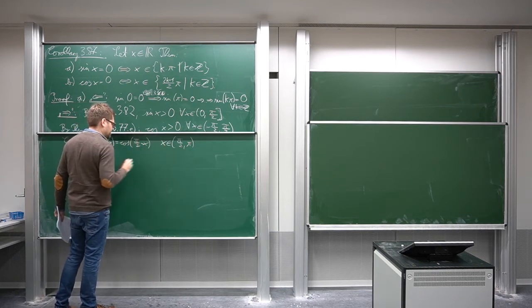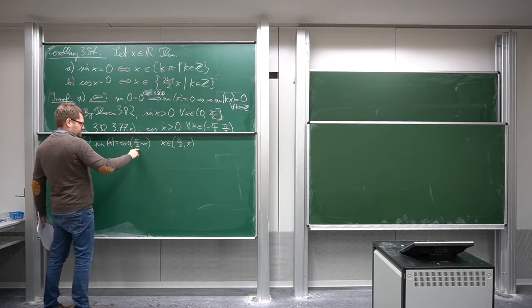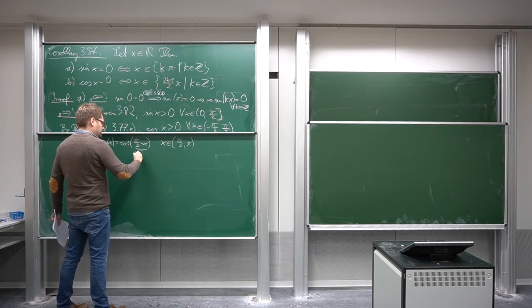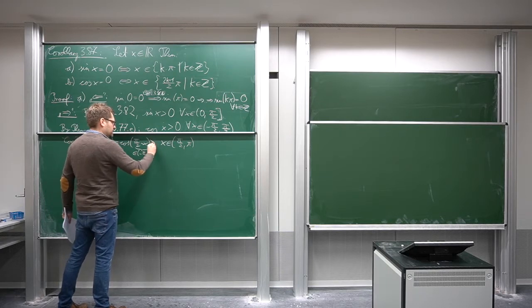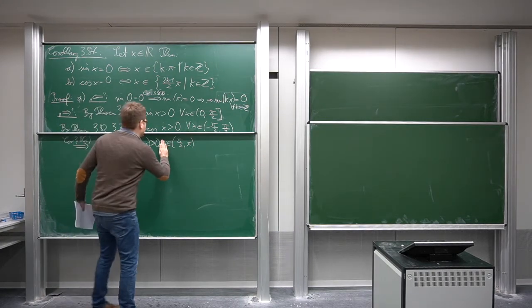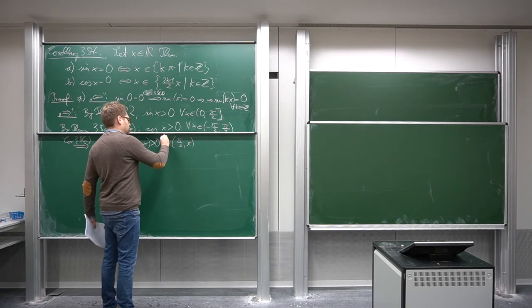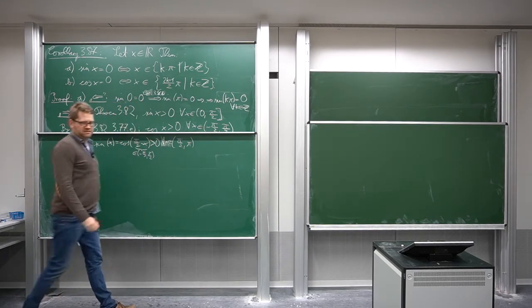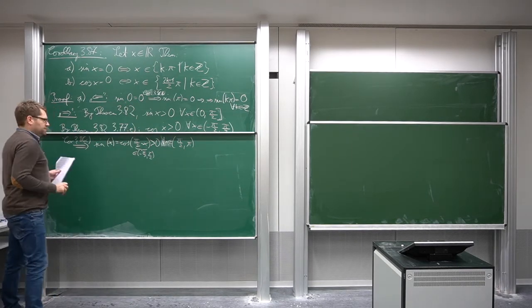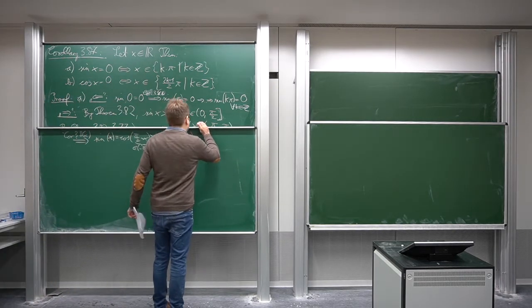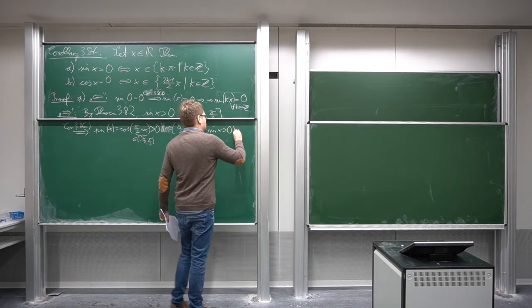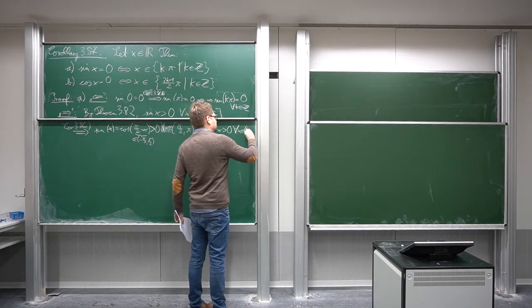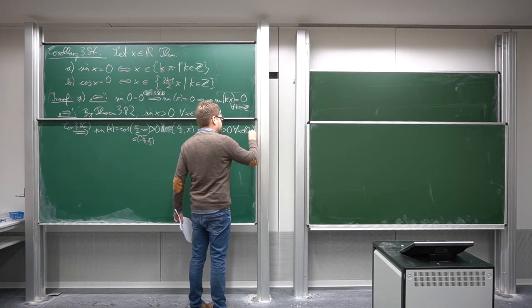And if x is chosen like this, this number is between minus pi over 2 and pi over 2. And we've just established that the cosine is positive for all x in this interval. So we've seen that the sine of x is bigger than 0 for all x between 0 and pi.